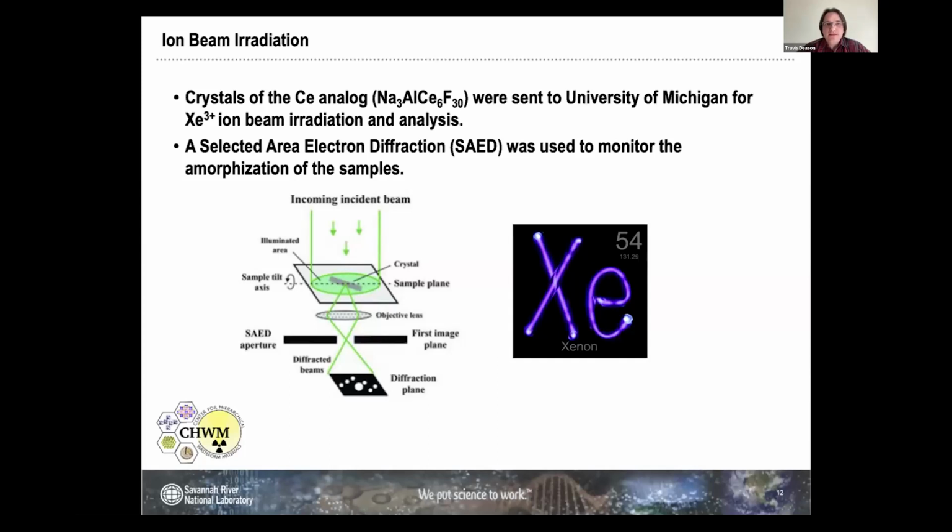They took a selected area electron diffraction to monitor the amorphization of the samples. So as the xenon ion beam is pointed at the sample, they can analyze and see how long before the sample is not crystalline anymore.